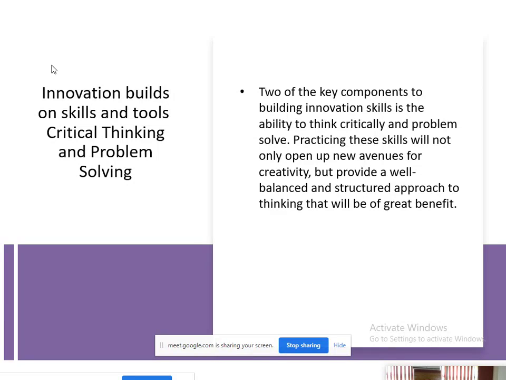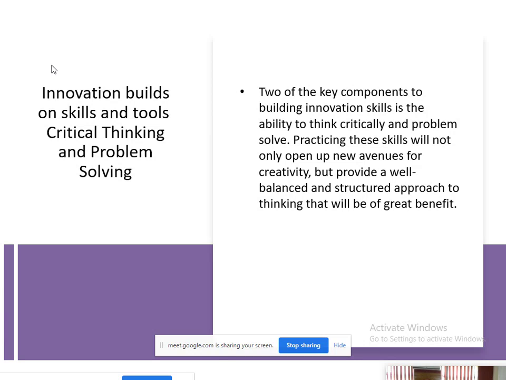Suppose his skill is carpentry, then he can design a new chair. You can expect him to innovate in the area in which he is an expert. So it is very important that the real innovator should be an expert, well skilled in that field.